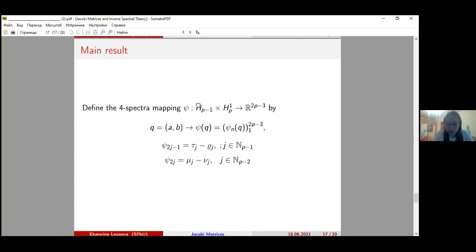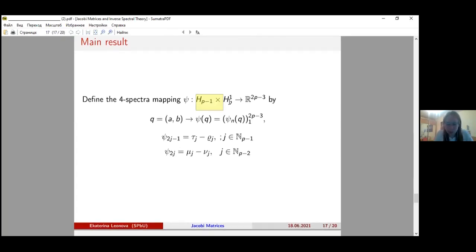This space, HP minus 1, HP1, it's nothing complicated. It's just we want our coefficients to be like I was talking about, we want the sum of A's to be equal to 1, and we want the sum of B's to be equal to 0, so nothing special.